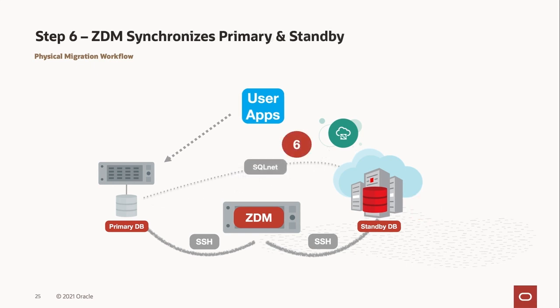The next step, as mentioned, is ZDM doing a synchronization between the primary and the standby. This synchronization happens because ZDM instructs the primary to establish SQL connectivity between the primary database on premises and the target, where it's now a standby database, in the cloud. Now let's stop for a second there, right? This is really important and it's relevant for a highly available and online migration, because this way we can actually sync up the databases and follow with the switchover, which will happen next.